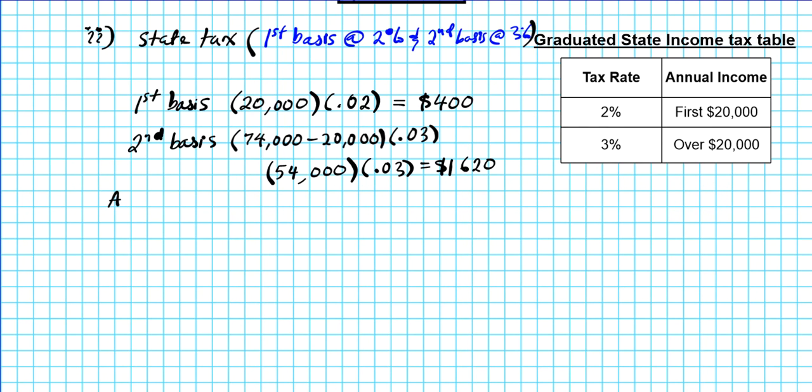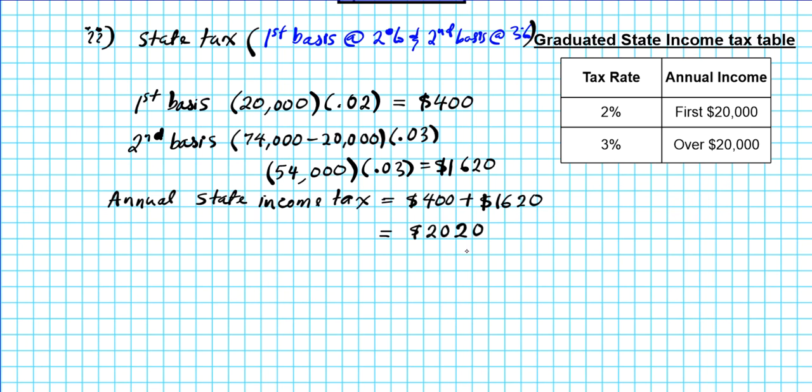Now what is her annual state tax deduction? Annual state income tax can be determined by finding the sum of the taxes she pays in the two bases. So we add 400 and $1,620. If we compute the sum, we have $2,020. This is how much Maria pays in state taxes every year.